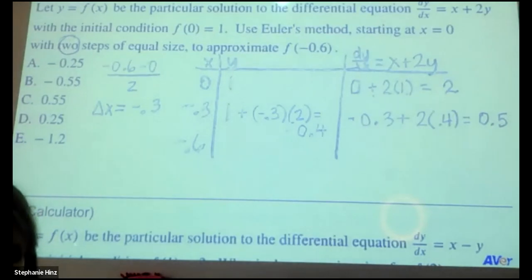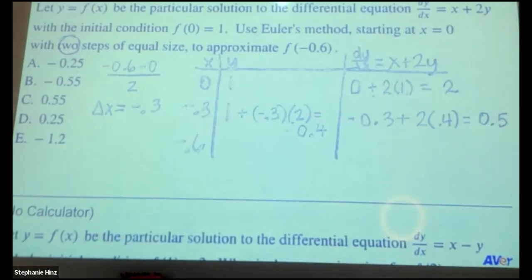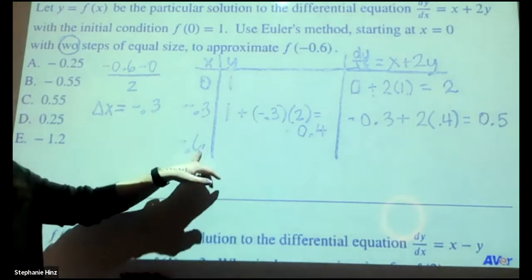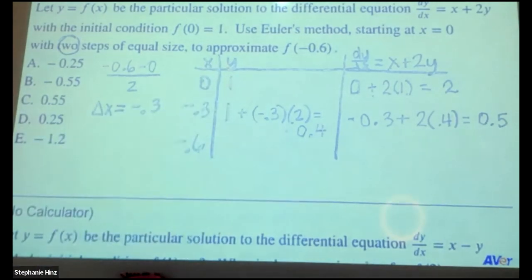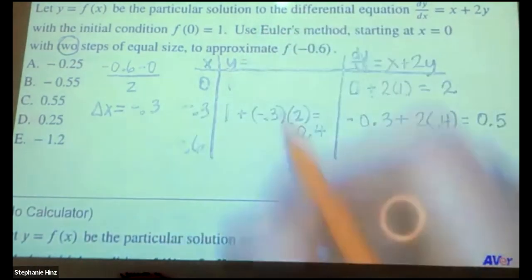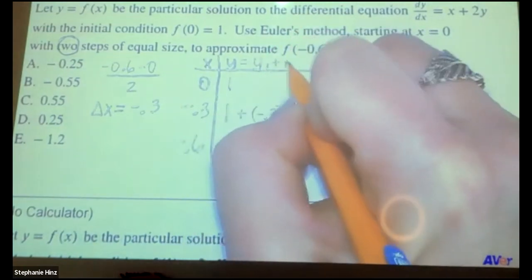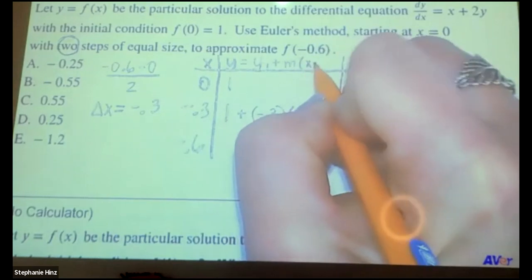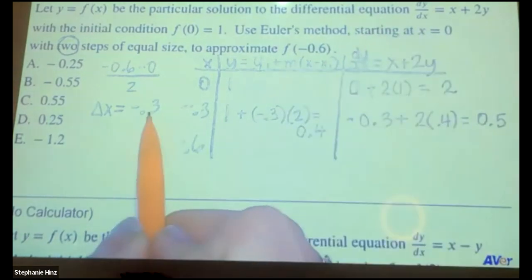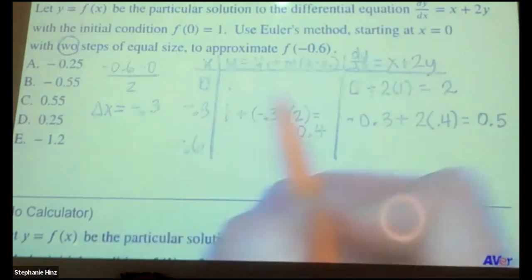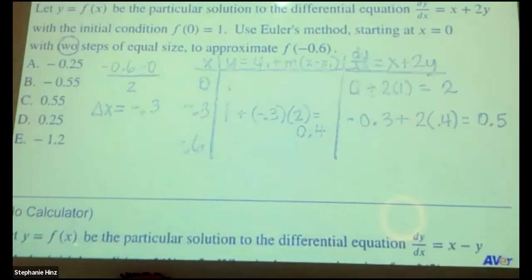And so now I am at my last step. I am almost there. So in order to find our y value, remember, you want to keep your table nice and labeled. So that's going to be a y sub 1 plus your m times your x minus x sub 1. And remember, this was our delta x. So if you want to put a delta x there, it's fine as well. It's going to be the very same thing.